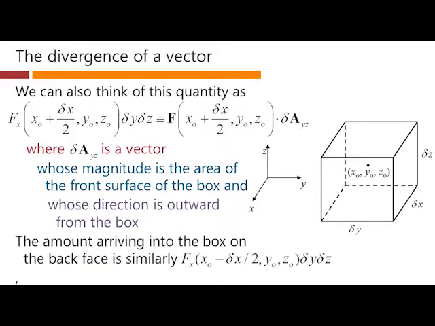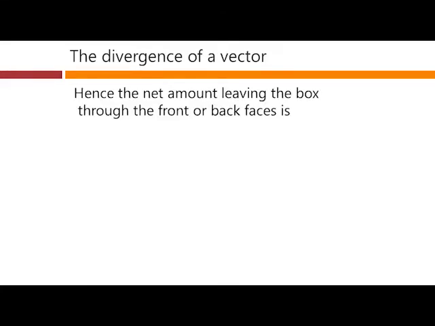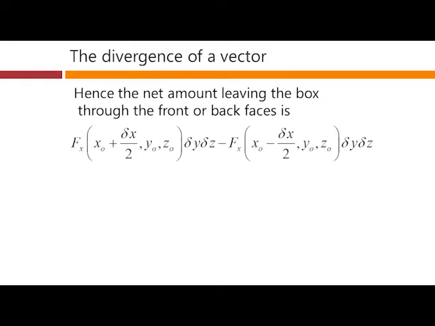The amount arriving into the box on the back face we can calculate in a similar way. In this case, we will be using x naught minus delta x over 2 as the position of the back face of the box. Hence, the net amount leaving the box through the front or back faces is just what's flowing out the front minus what's coming in the back.